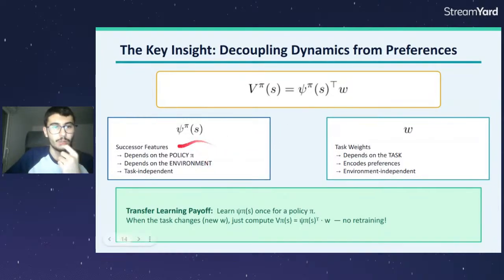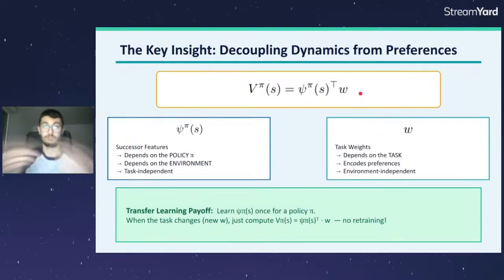Okay, so as we said earlier, ψ of S only depends on the policy π, and it does not care about the reward function. It also depends on the environment, because the policy acts within the environment dynamics, and it is task independent. The task weight, on the other hand, represents the task itself, and so by changing the W, we change the task, and thus we change the corresponding value.